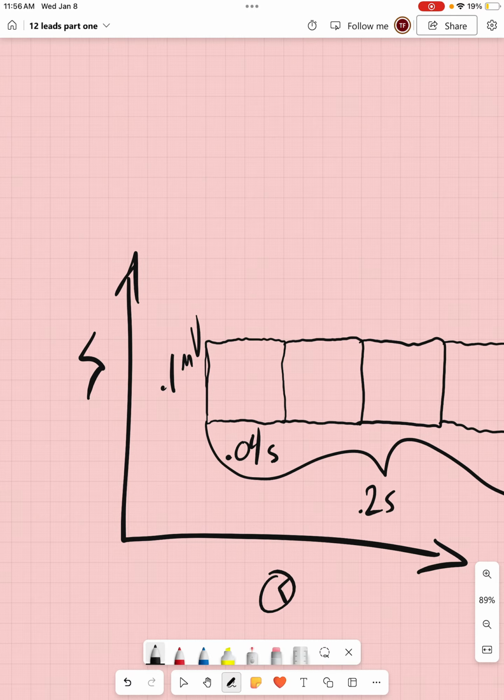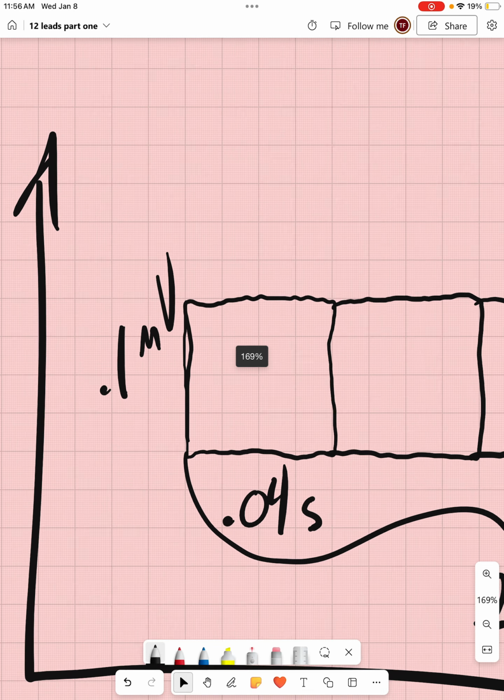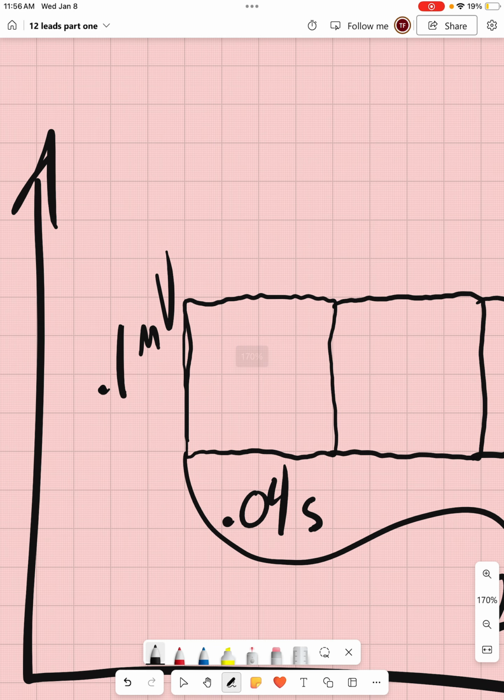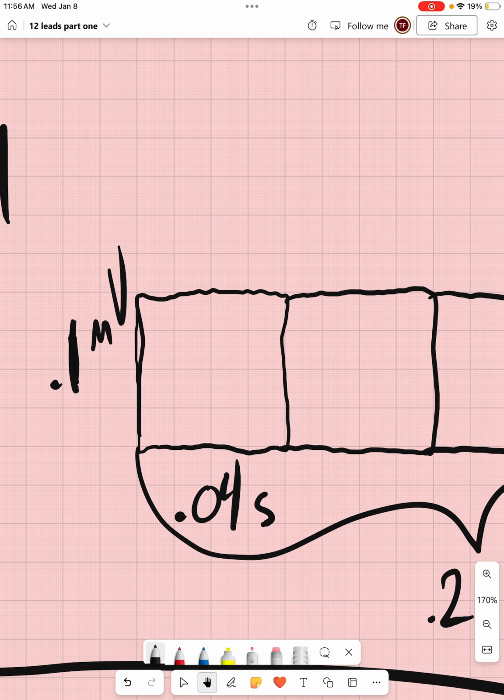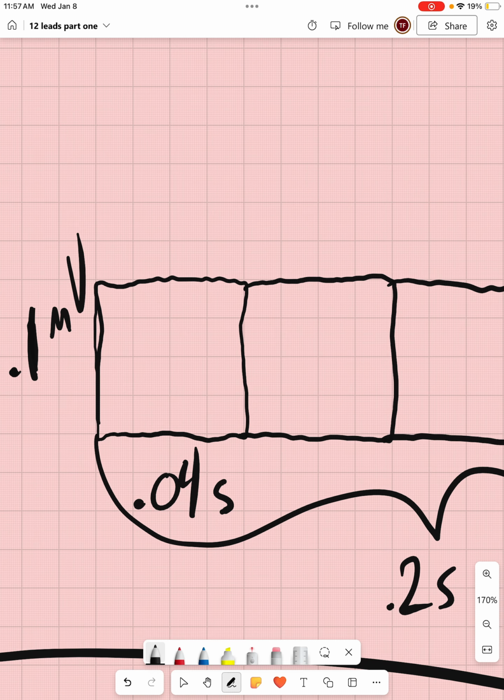As well as up here, it would be 0.1 millivolts per 4 boxes vertically. And so, again, that's all we're looking at here. We're looking at millivolts vertically, seconds horizontally.